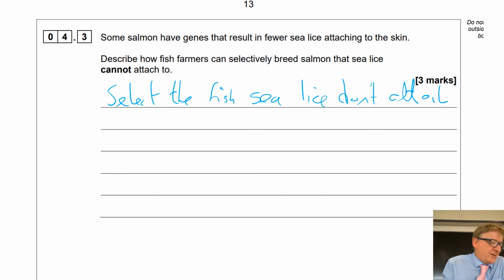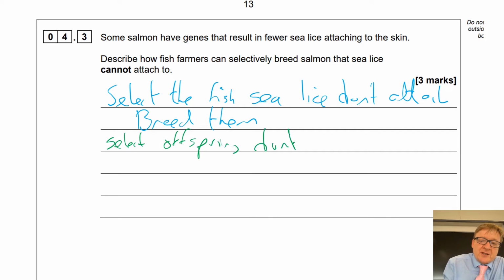Okay, that kind of makes sense, doesn't it? Breed them. So you get those fish that the sea lice don't attach to, and then breed the fish that they don't attach to. Then select the offspring that they don't attach to.